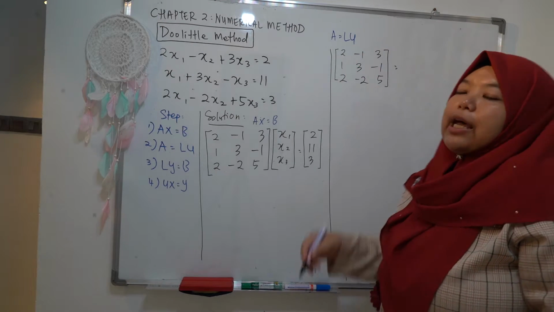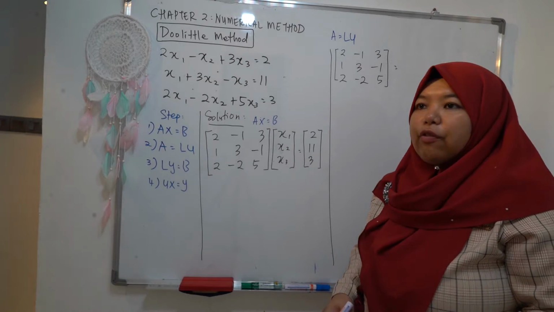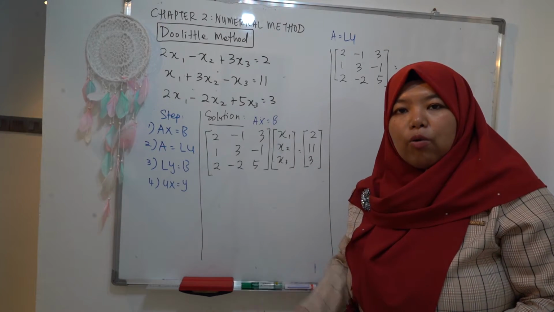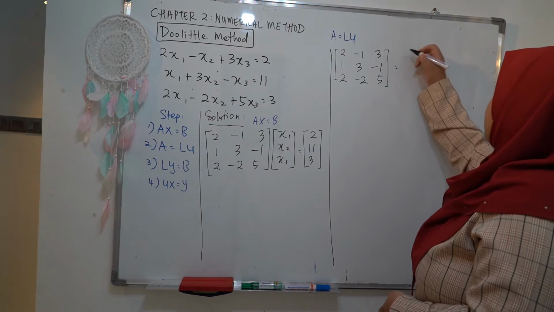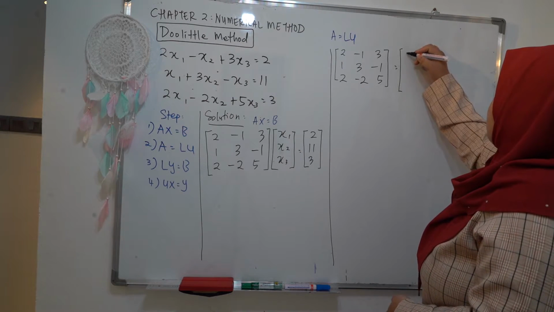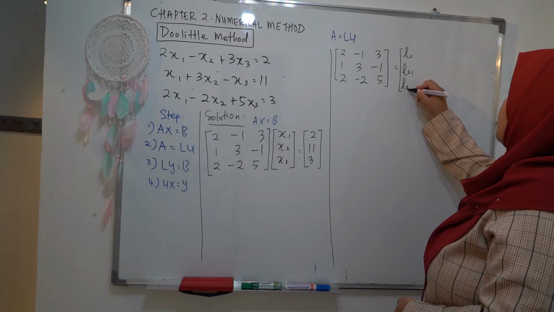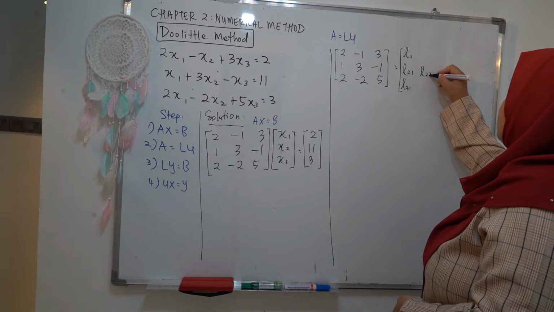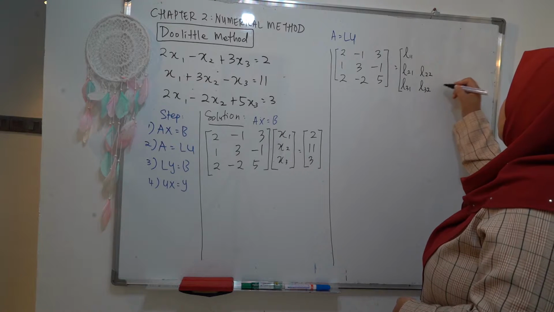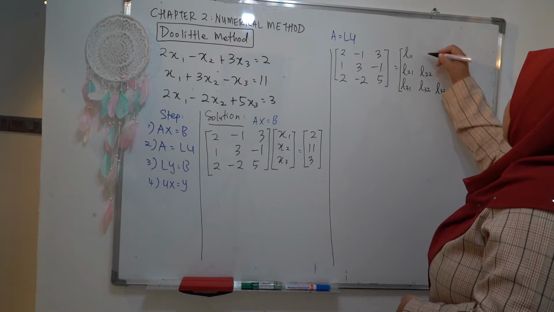How about L? As I mentioned before, L stands for the lower matrix. So the lower matrix is L11, L21, L31, L22, L32, L33.